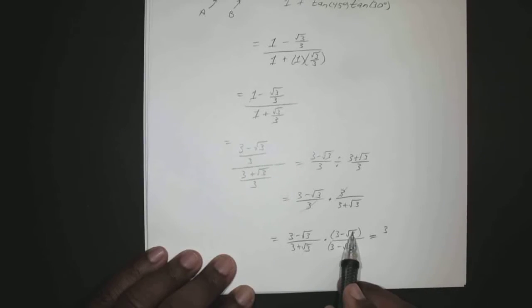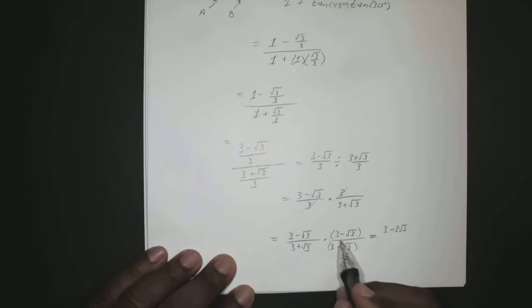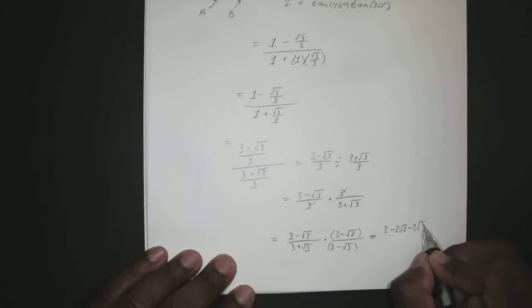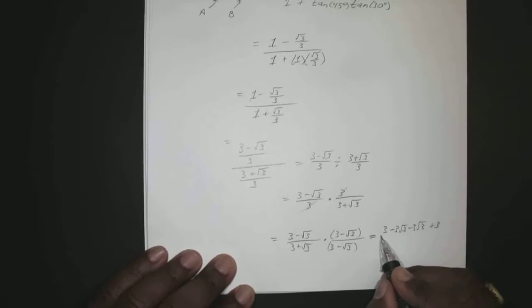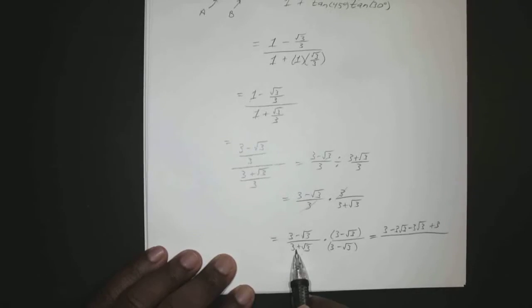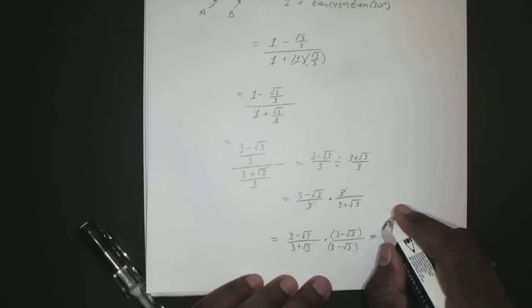Your outer is negative 3 square root of 3. Your inner is negative 3 square root of 3. And your last is plus 3. Over, you FOIL here, you have your first. Oh, why did I put 3 there? It should have been 9.